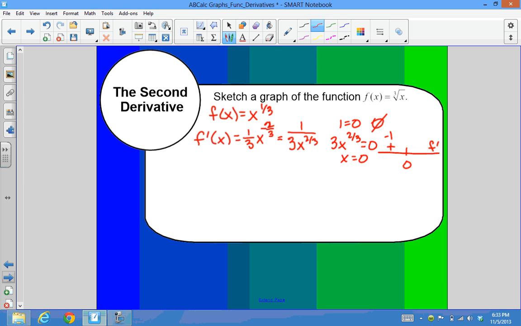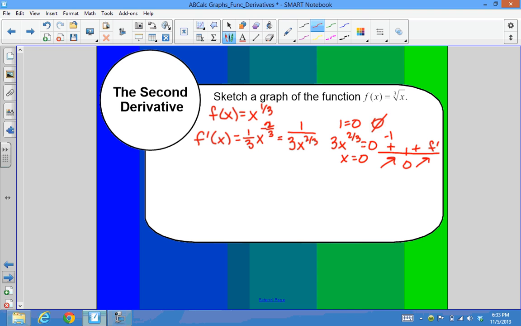If I plug in a positive 1, since I've got a cube root squared, no matter what I plug in I get a positive value. So my function is increasing no matter what. That's my first derivative. It's not a saddle point because my derivative wasn't 0, but I've got some sort of vertical tangent line there.